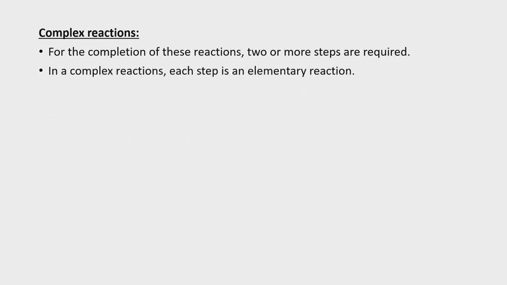In a complex reaction, each step is an elementary reaction because for some reactions H2 plus O2 gives rise to 2H2O, formation of water, that reaction takes place in more than 2 steps. Many steps are there. So that is called complex reaction. So in a complex reaction, each step is an elementary reaction. Students, be careful, be attentive towards the points, because each and every point is very important.